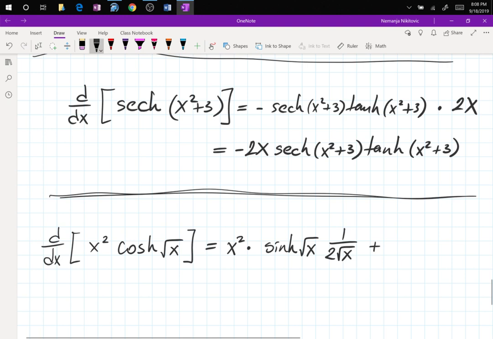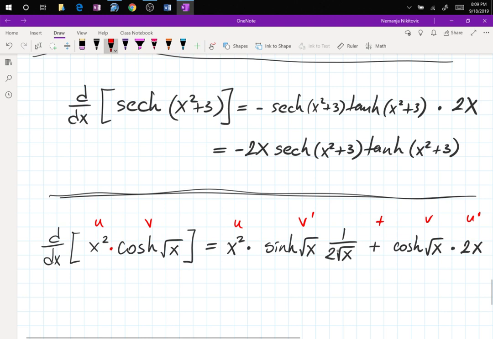Plus, copy the second one, which is cosine hyperbolic root x, times the derivative of the first, which is 2x. For those of you who forgot the product rule, this is your u, this is your v. You have u v prime plus v u prime. U and v are the entire functions, and then there are individual derivatives for each one of them whenever you need it.